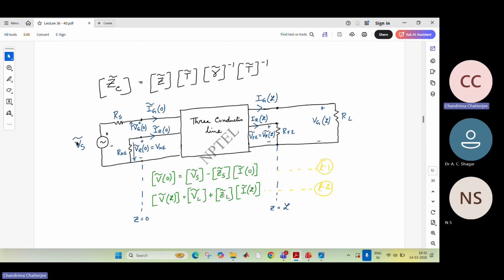This is a two-port network where this is the source side and this is the load side. We have a source here, and this is the generator, and this is the receptor. And this is the near end side, this is the far end side.